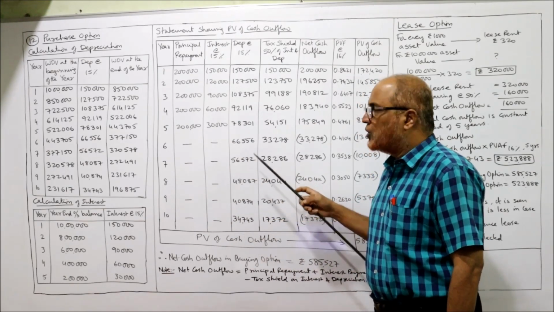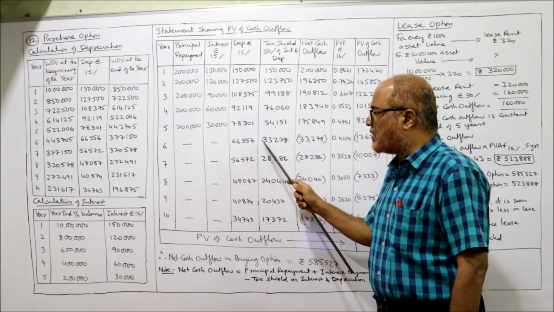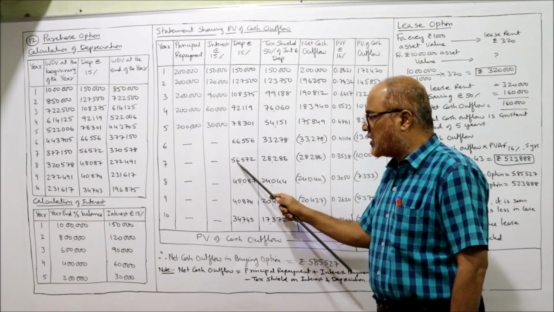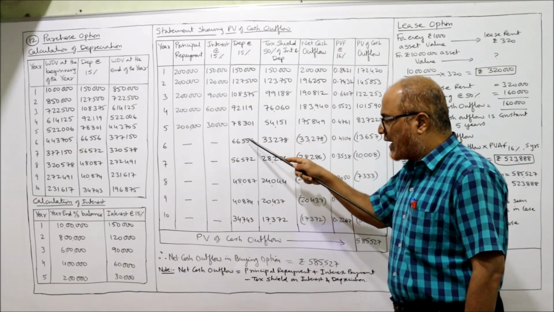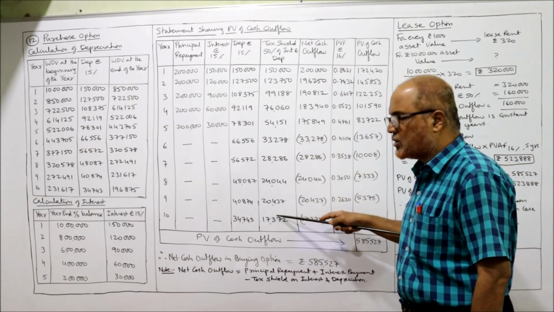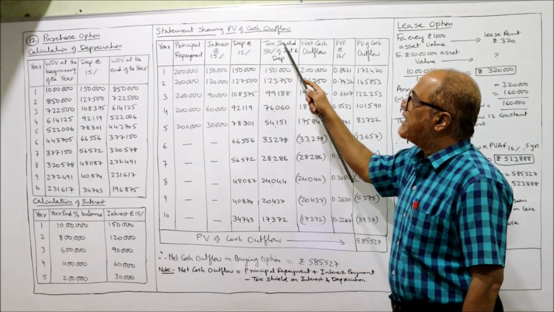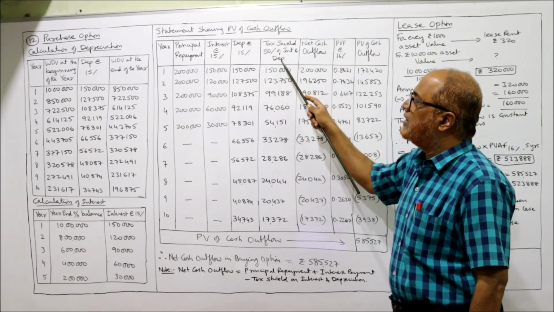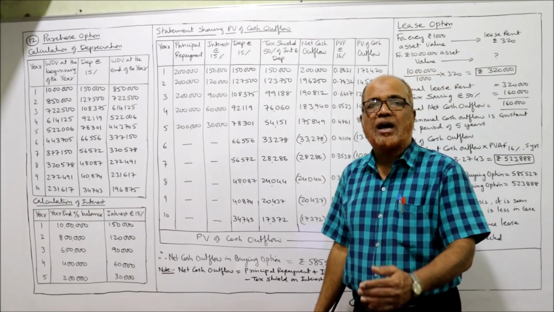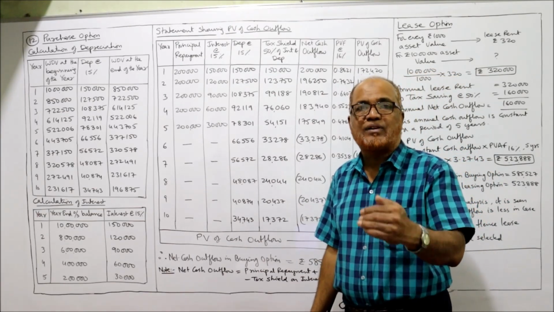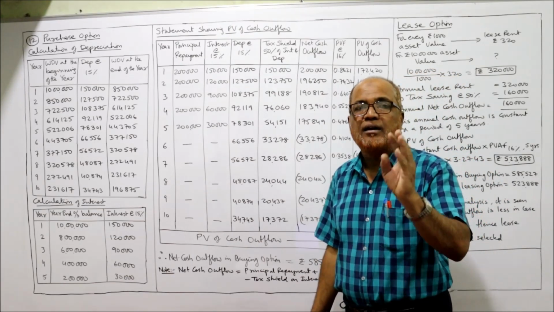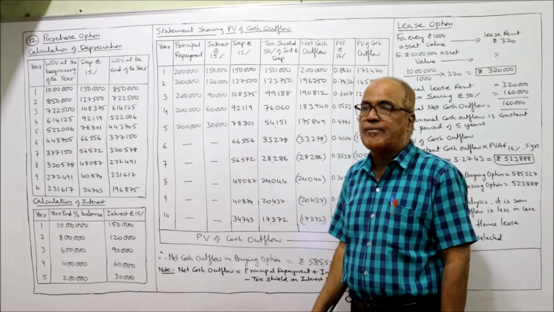Only depreciation. So 50% of 66,556, 50% of 56,572. You calculate 50% of all these amounts. What is this called? Tax shield, 50% of interest and depreciation. We are getting the advantage of tax by having depreciation and interest.